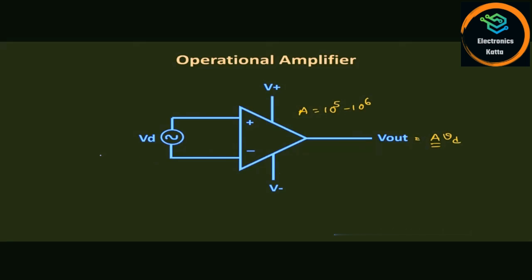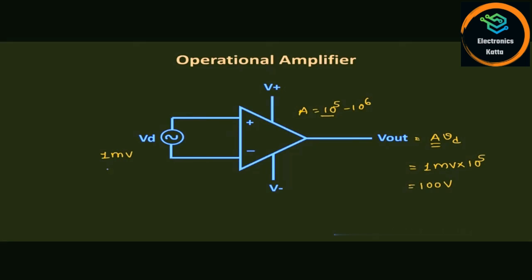So let's say even if we apply 1 millivolt of signal between these two terminals, and the gain of this op-amp is 10 to the power 5, then at the output theoretically we should get a 1 millivolt signal multiplied by 10 to the power 5, that is equal to 100 volts.